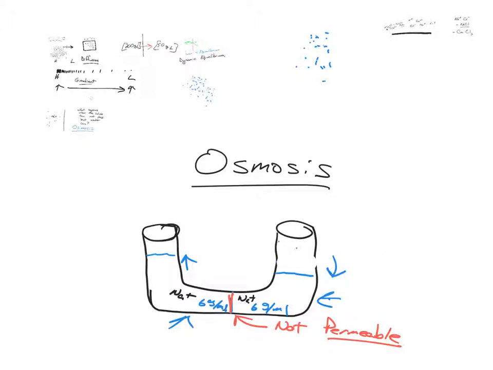This is also why your hands shrivel up in water when you're bathing. This is why your plants, when you don't water them enough, start to wilt. All of this in life is based on this idea of osmosis, a very important idea.